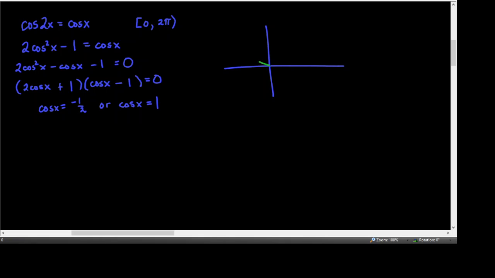Whoops, drawing the wrong angle. It'll be negative 1 for x and r equals 2 at that place, and also at that place.